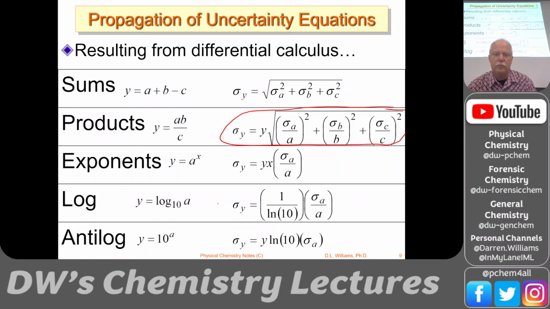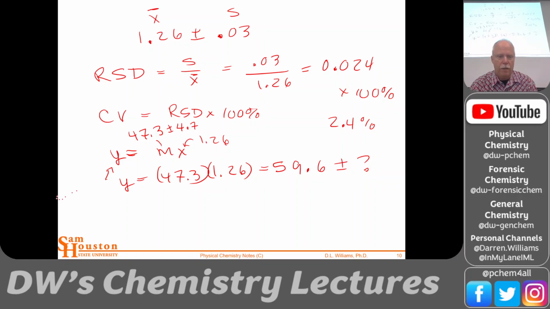Okay. So I'm going to use S: S of y is equal to y times the square root of RSD m squared plus RSD x squared.